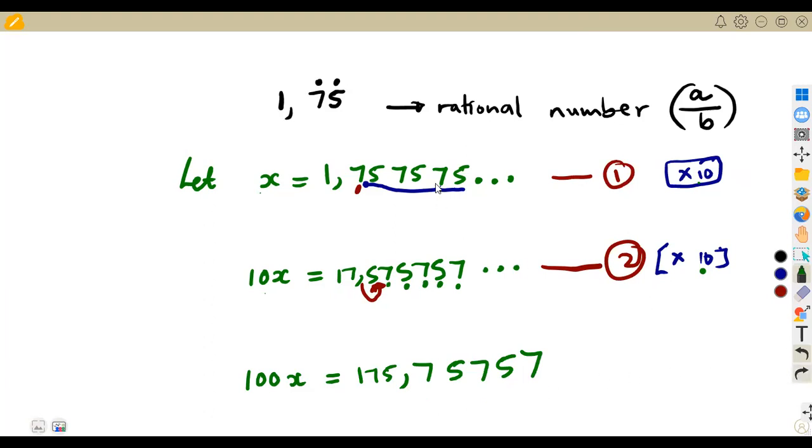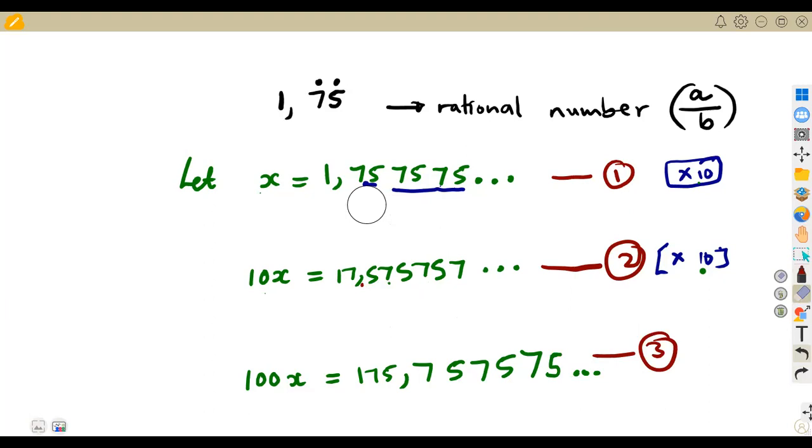But we are supposed to have 6 digits after the comma, just like what we did in the first equation. So which number follows? 7, 5, 7, 5. So 5 is going to follow after 7. So this is our equation 3 now. All right. So before you multiply again by 10, check if you have a condition where the numbers after the comma are perfectly the same.